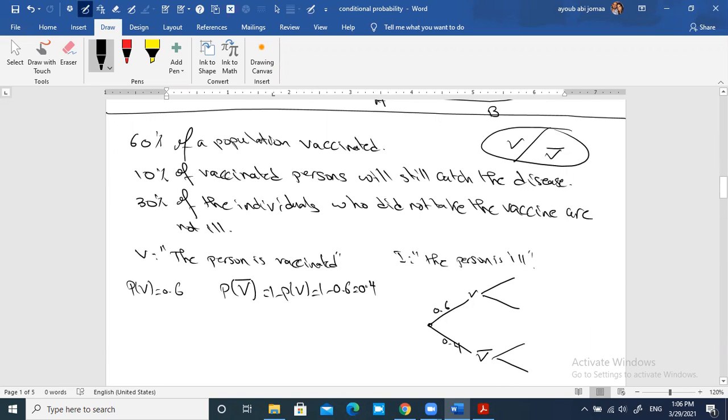V and V bar they form a partition of this population. ال V وال V bar مطعم مش مطعم، اخذ طعم مش اخذ طعم، بس هودي هن 60% of the population وهودي هن 40% of the population.